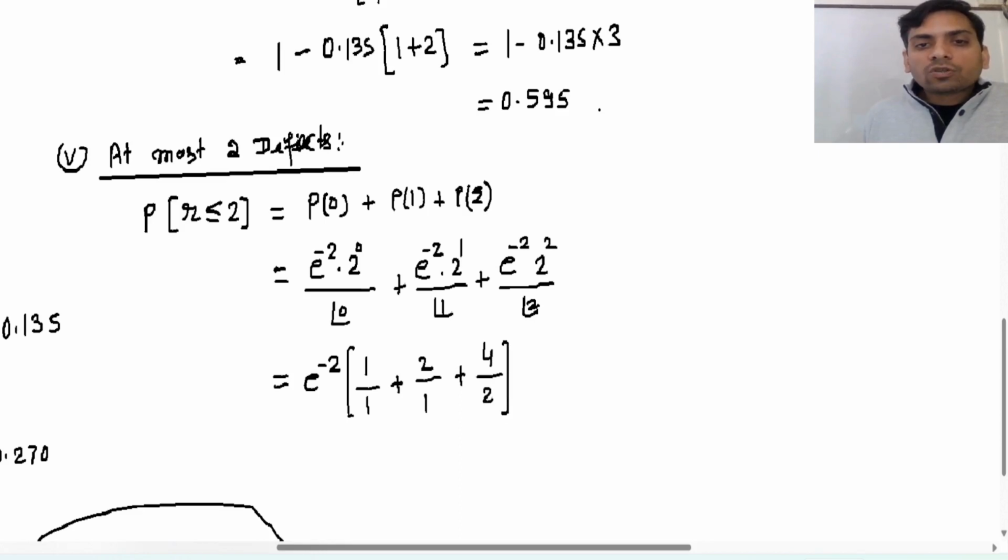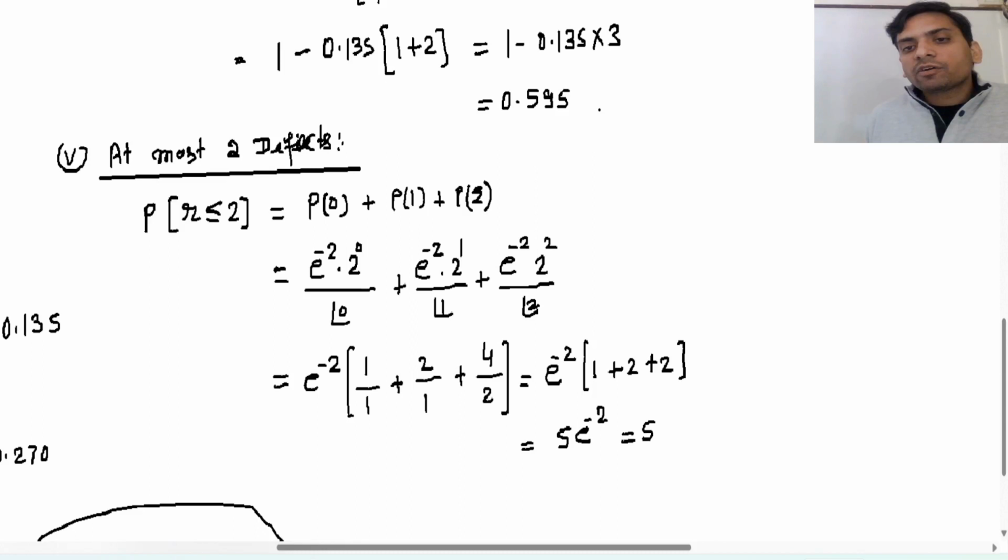So on solving, you will see this term as e raised to the power minus 2, and first term is 1, second term is 2, and third term is again 2. So your answer is what? Your answer is 5 e raised to the power minus 2. Now you will put the value of e raised to the power minus 2.